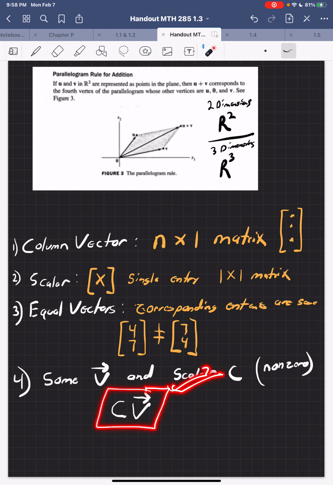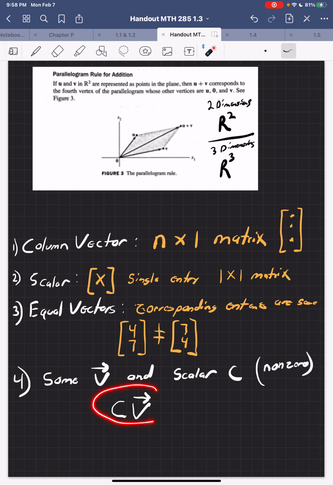Just the product of a non-zero scalar by a non-zero vector. Geometrically, what does that look like? Notice I'm pausing. So what would the graph of this look like?